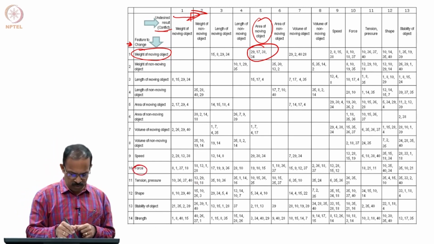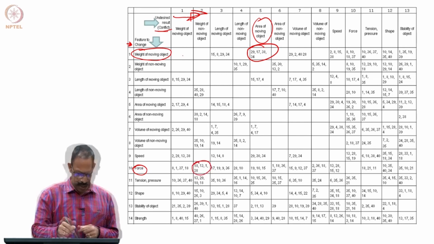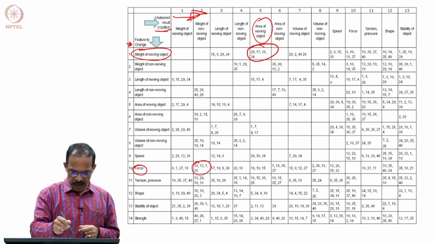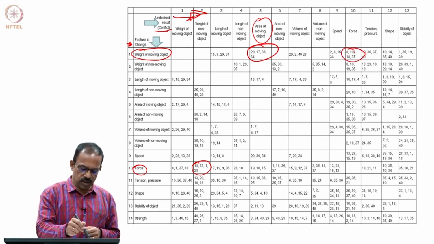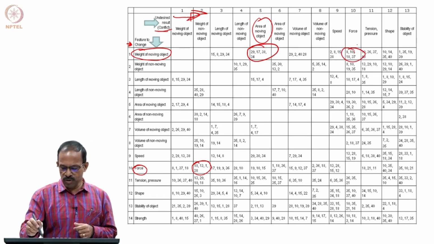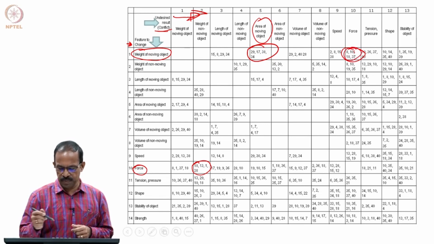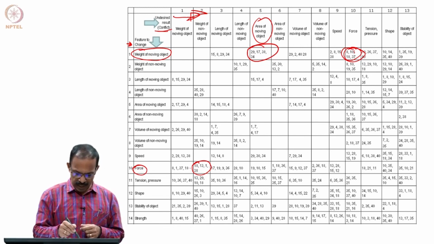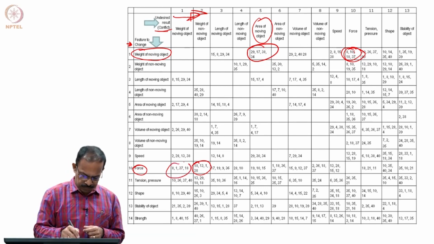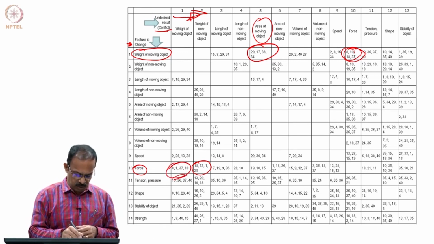Okay, weight of the moving object. If you want to change the weight of the moving object and the force, you can see this. Suppose you are trying to improve the weight of the moving object and force is contradicting, then you have to use this principle. But if you are trying to improve the force and the weight of the moving object is going against it, then this would be the principle to be used.